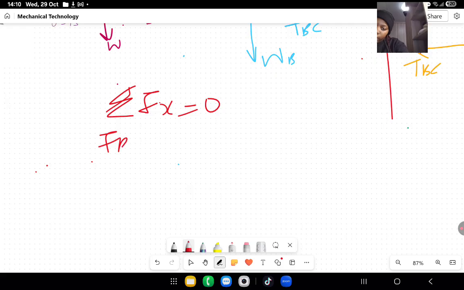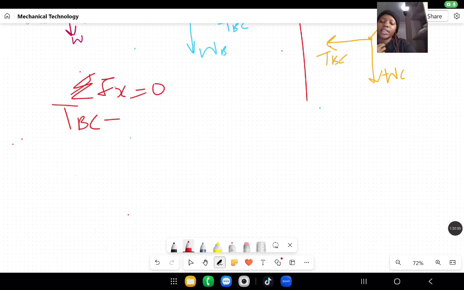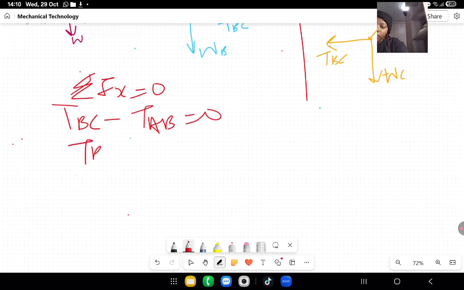Then tension BC minus tension AB, the cos of 15 degrees, equals 0.